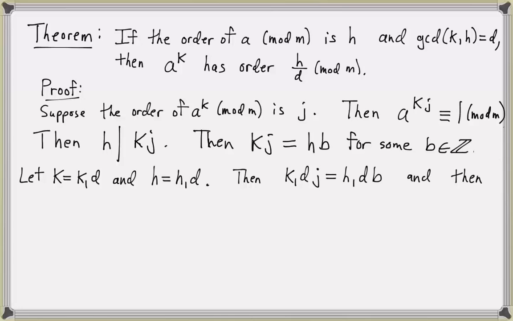So k1 times j equals h1 times b. Thus, from this equation, we see that h1 divides k1j.